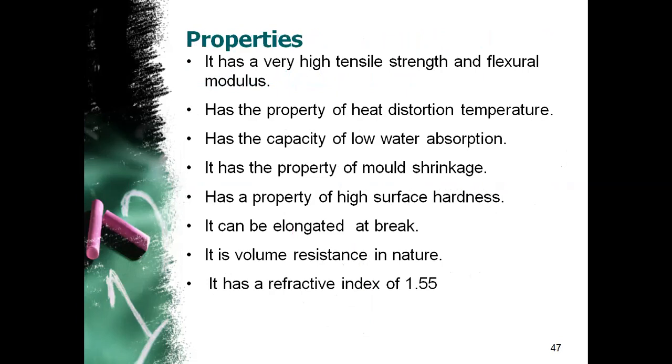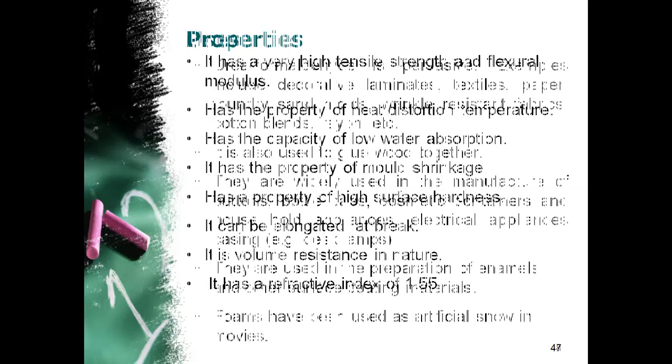Moving on to the properties of urea formaldehyde resin, it has a high tensile strength, it has the property of heat distortion temperature, it has the capacity of low water absorption, it has the property of mold shrinkage, high surface hardness, it has volume resistance in nature, and it has a refractive index of 1.55.